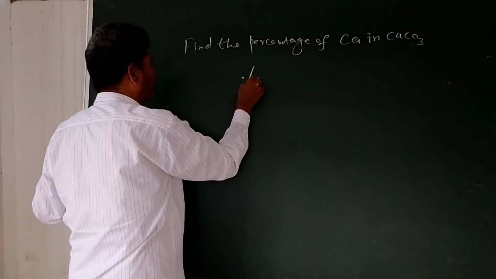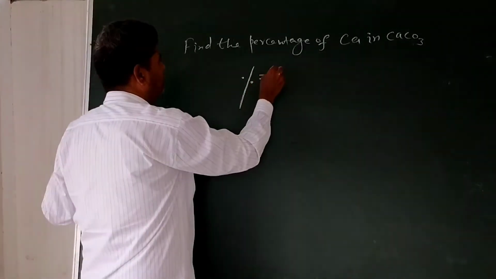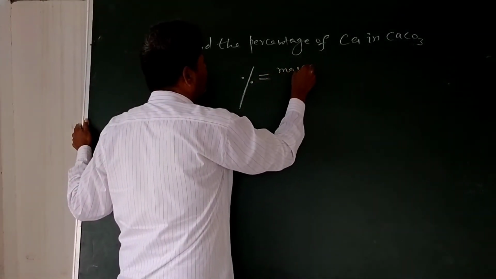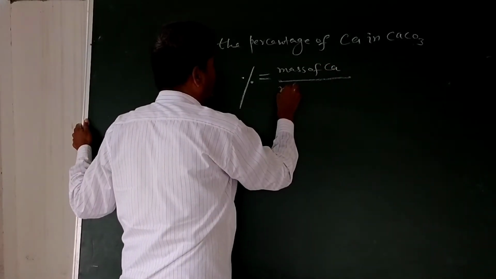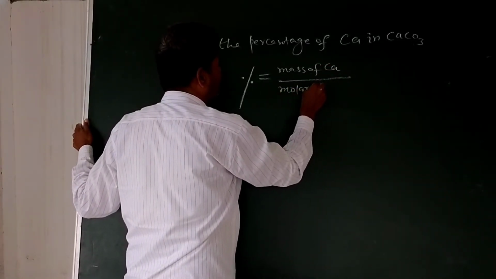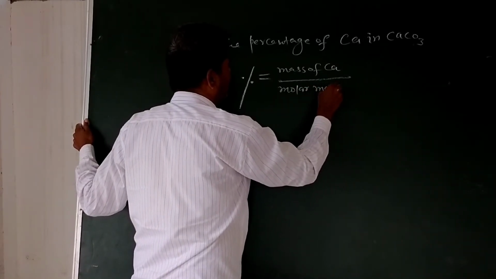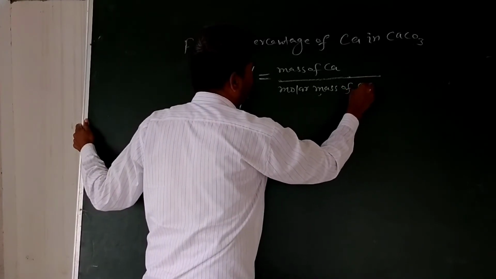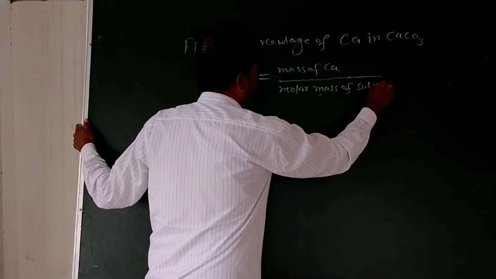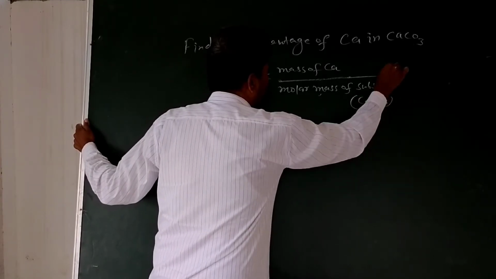The percentage means mass of calcium upon molar mass of the substance, that is CaCO3, into 100.